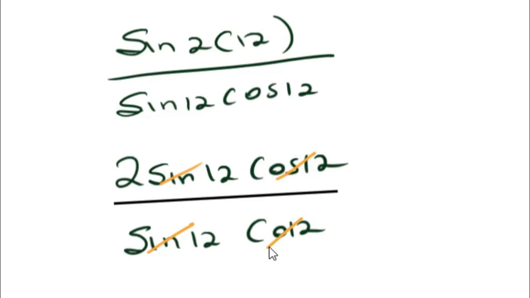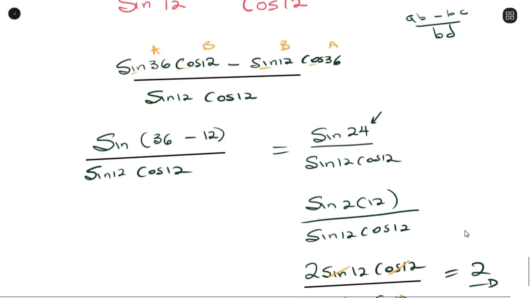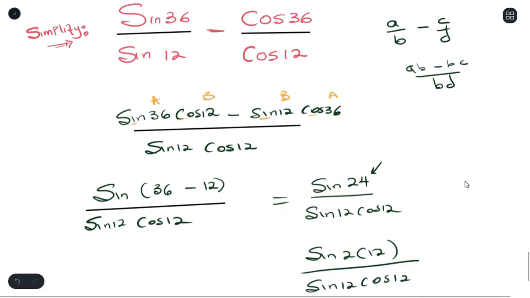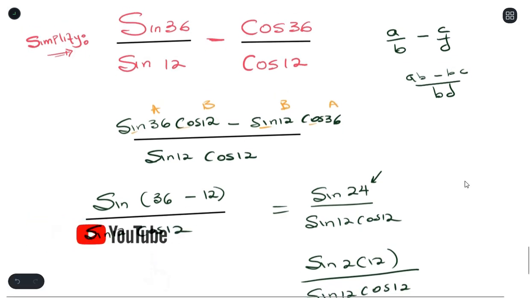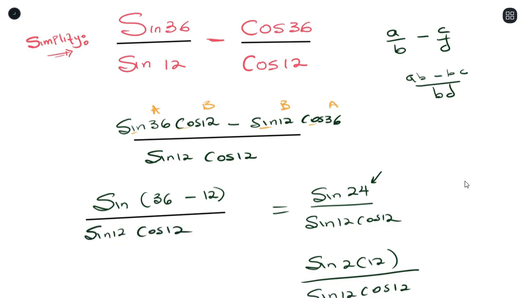Cos 12 cancels cos 12 out. So all we're left with is 2. And this is an example whereby we combined our double identities and our compound identities to answer the question. It was based on the backbone of LCD. So whenever you have fractions in trig, try as much as possible to think of LCD and combine your fractions. And that's exactly what we did.